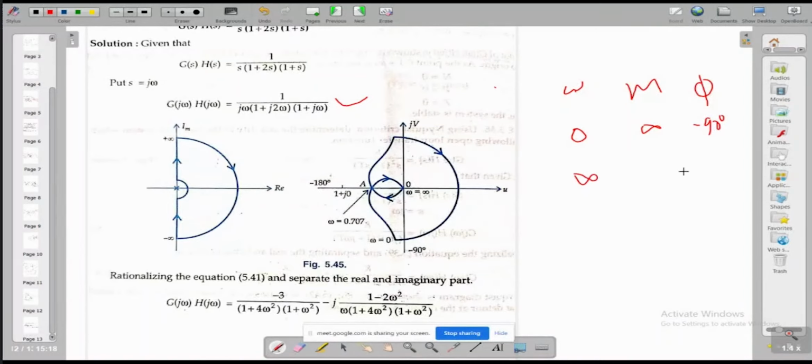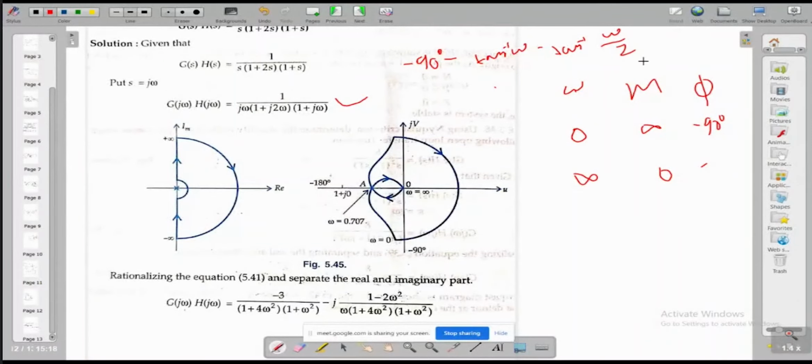Then omega equals to infinity. The phase will be minus 90 minus tan inverse omega minus tan inverse omega by 2.